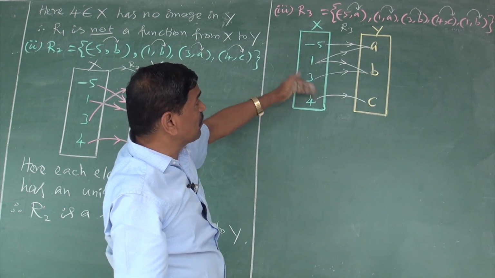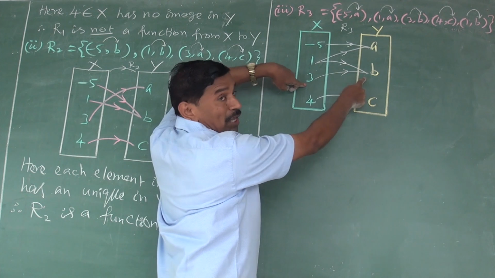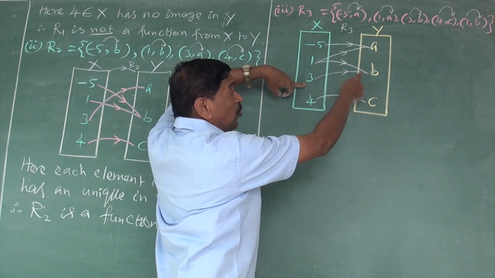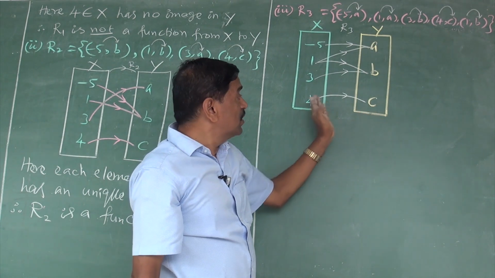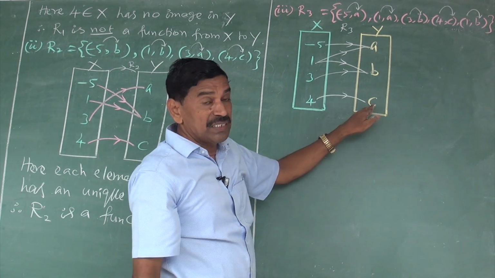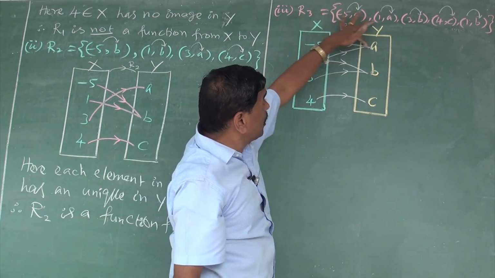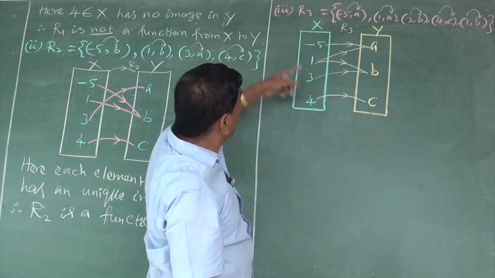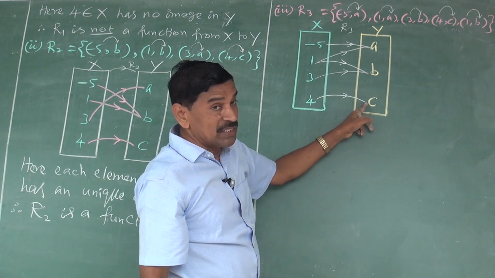Let us verify 3 and 4 also. 3's image B, 3 has only one image, that is a unique image. 4's image C, so 4 has only one image, that is a unique image.